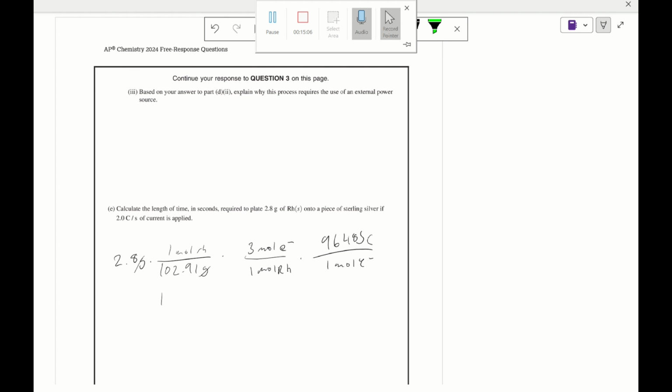And it gives us 2 C per second, so you cancel out everything, and you get 2.8 times 3 times 96485, and then you divide that by 102.91, and then divide that by 2, so you should get 3,900 seconds.